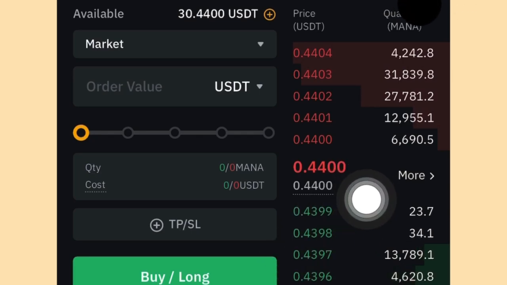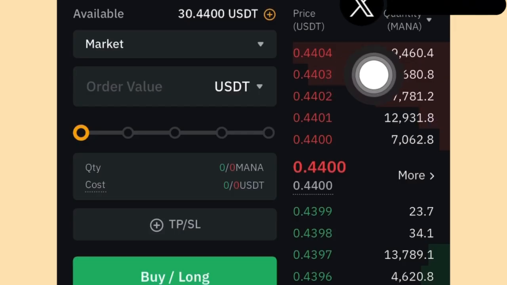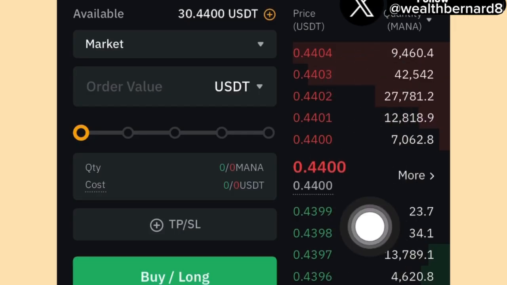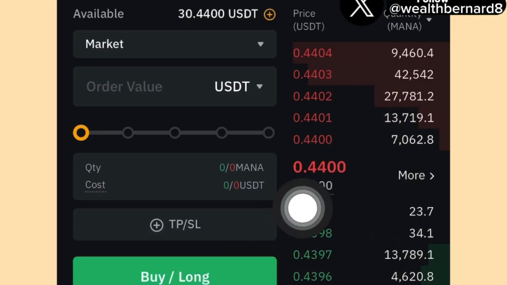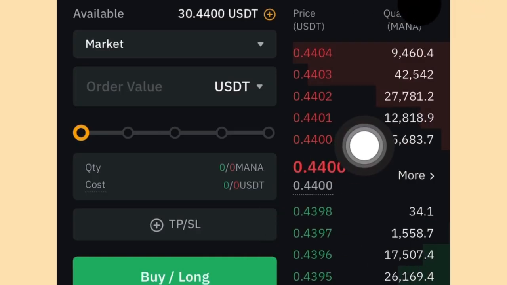So when this coin hits 0.43, your trade will trigger and start running for either profit or loss, and it's that easy. But if you use market, it will trigger immediately and start running profit or loss.